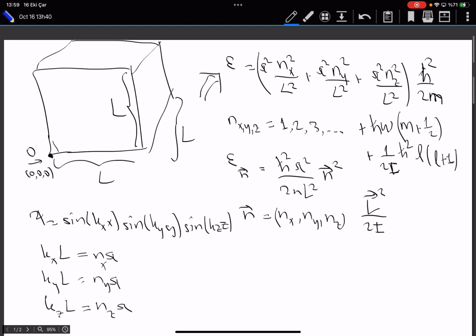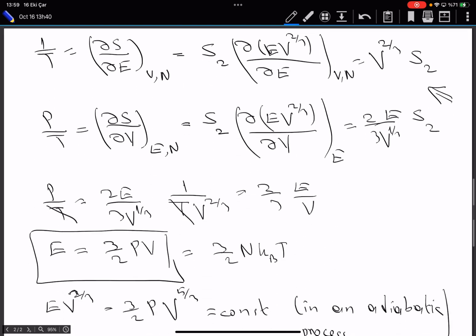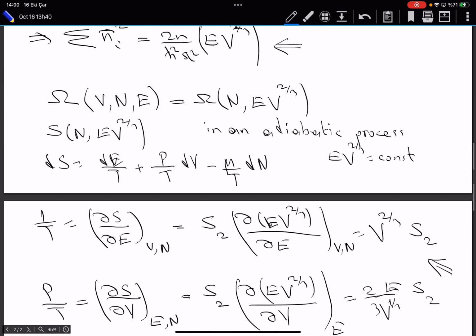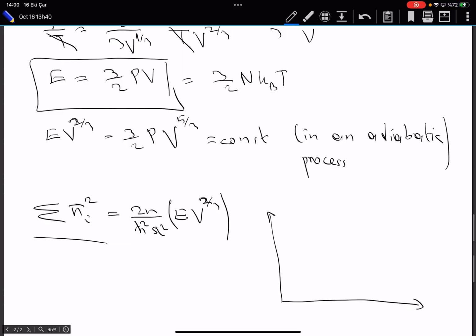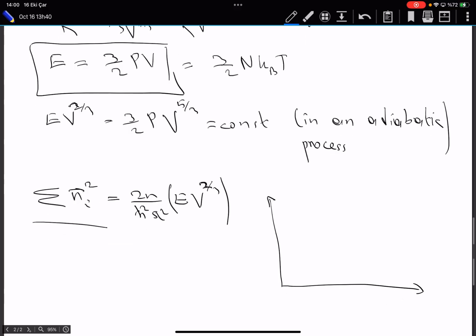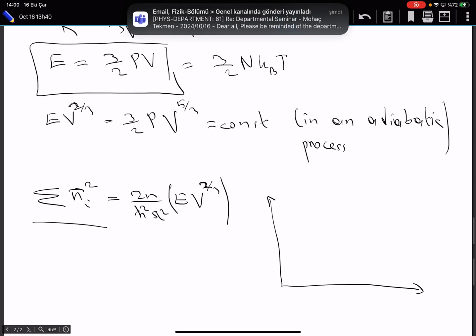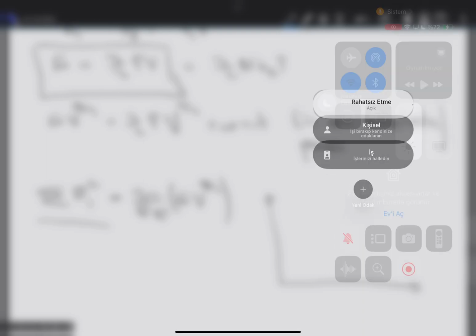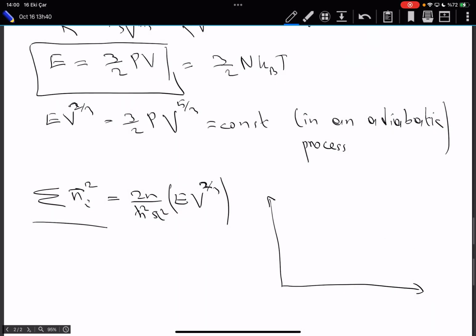E is fixed. And hence I need to find the integer sets that will satisfy this equation. If I want to treat the vibrations and the rotations, the canonical ensemble will be much easier. We will do the vibrations and rotations also in the canonical, microcanonical, and grand canonical ensembles. They will come.